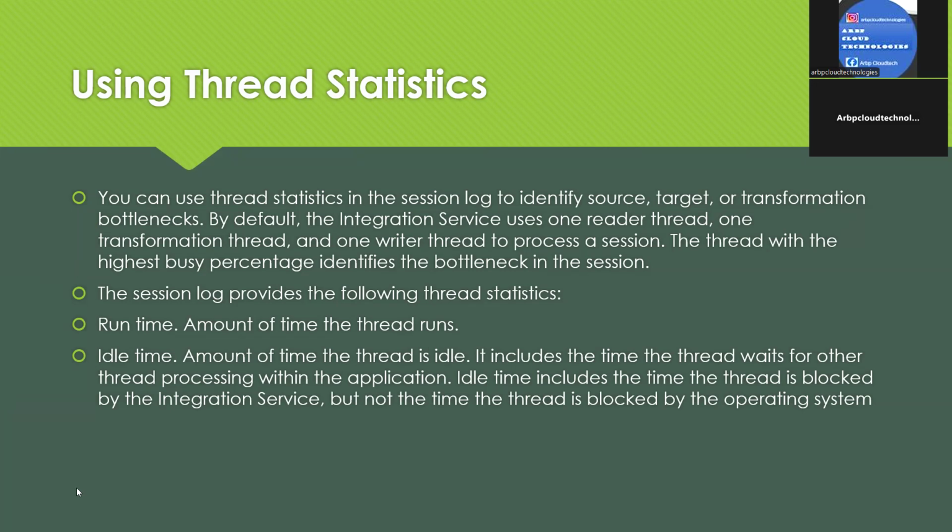Bottleneck. By default, the Integration Service, which is our process, executes any Informatica job. That is the main work of the IS. The Integration Service uses one reader thread, one transformation thread, and one writer thread to process a session.